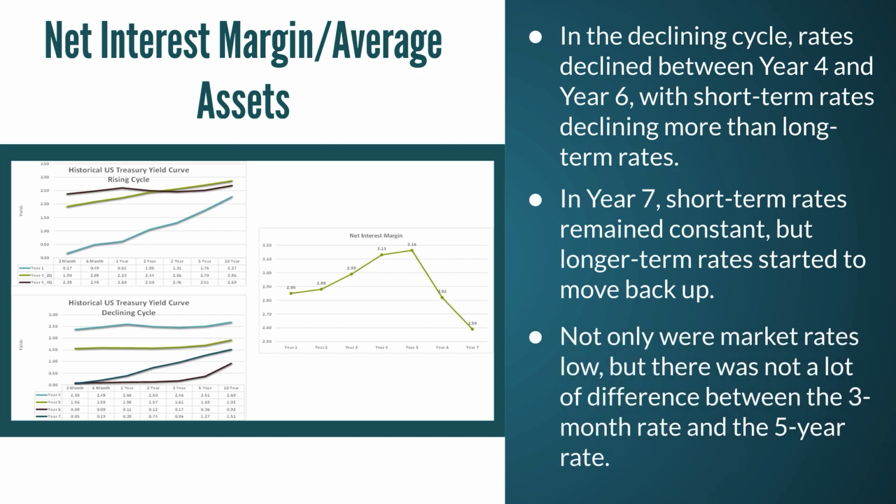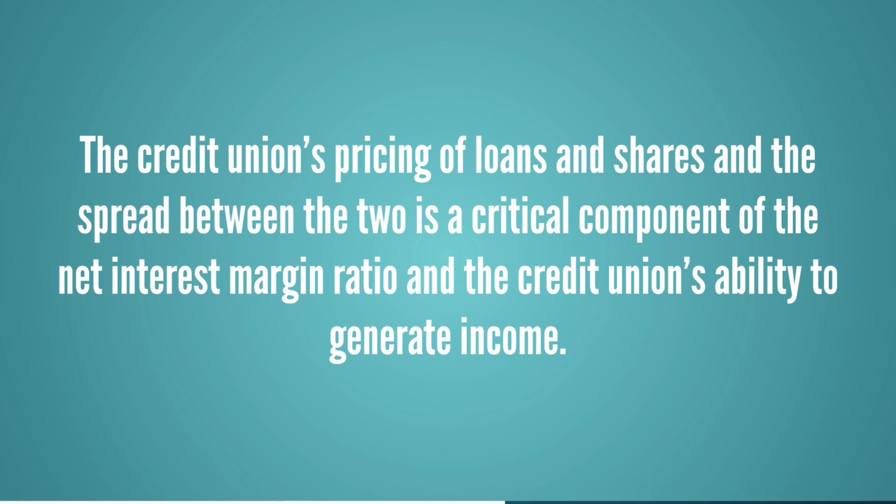Not only were market rates low, but there was not a lot of difference between the 3-month rate and the 5-year rate. This resulted in a reduction in the spread between the cost of shares and the rate on loans and investments. The credit union's pricing of loans and shares and the spread between the two is a critical component of the net interest margin ratio and the credit union's ability to generate income.